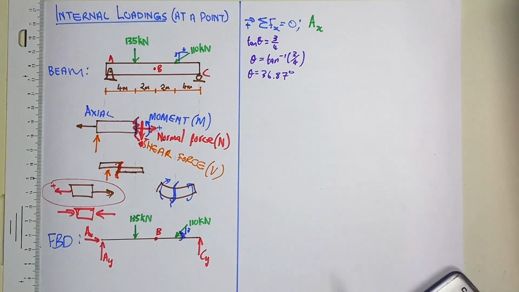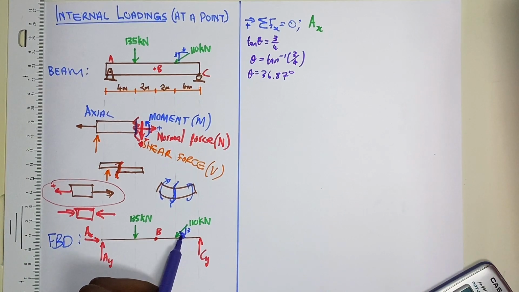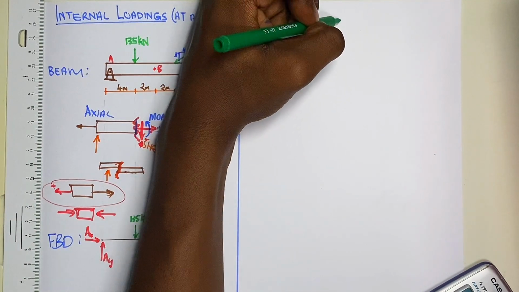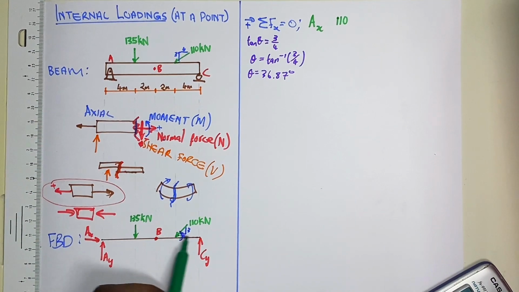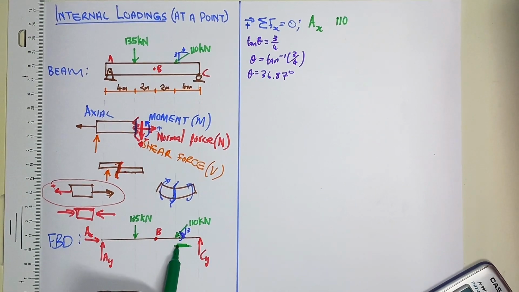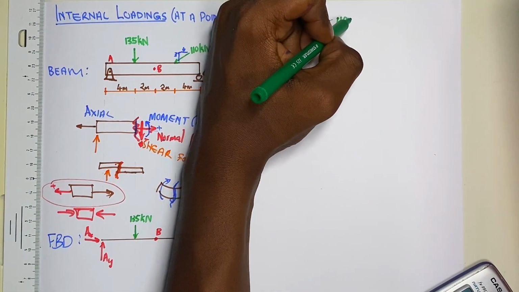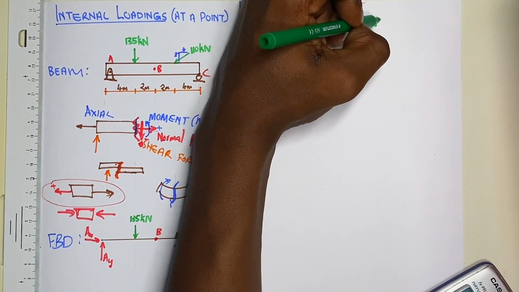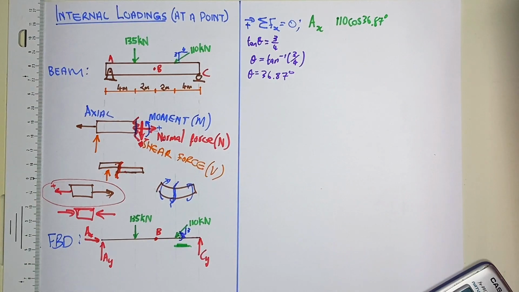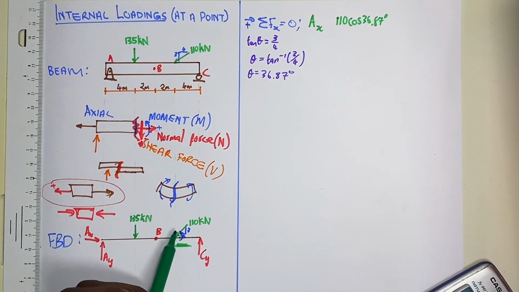36.87 degrees. Now that I have an angle there, I can tell that the x component of my force will be equal to 110. Because it is adjacent to the angle, we are talking about the x component, therefore we'll have cos 36.87 degrees. Now we must also look at the direction.